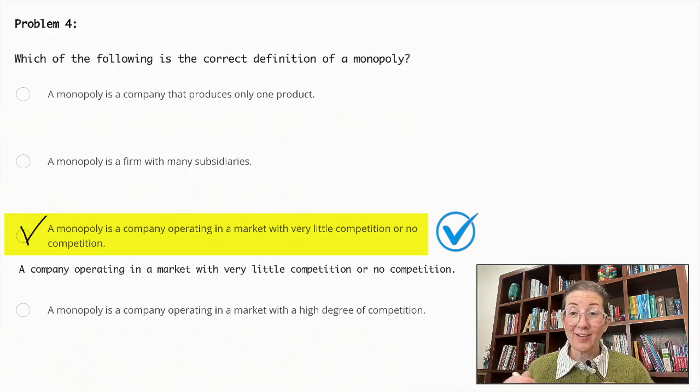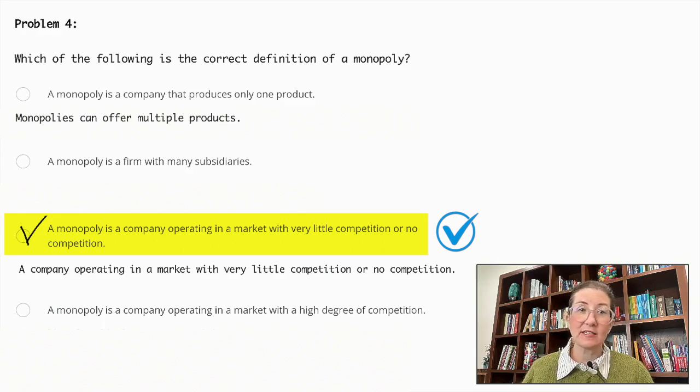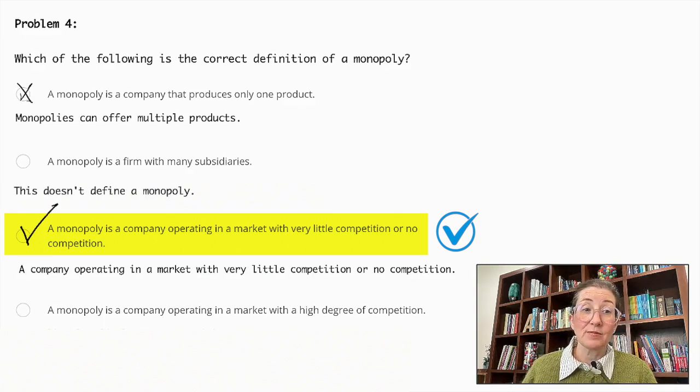Why are the other answers incorrect? A monopoly is a company that produces only one product. Monopolies can indeed offer more products, so this is not correct. A monopoly is a firm with many subsidiaries. This is not the definition of a monopoly, so we can eliminate that as well.